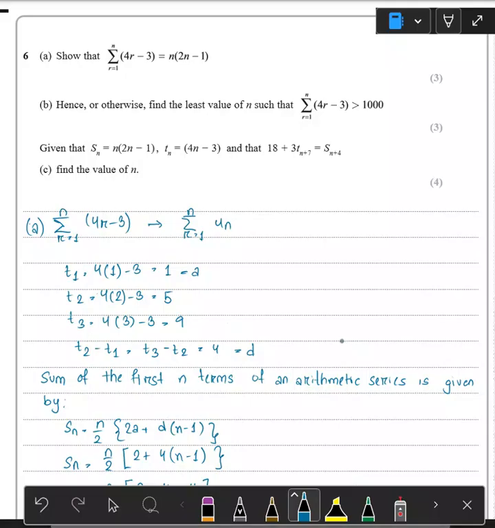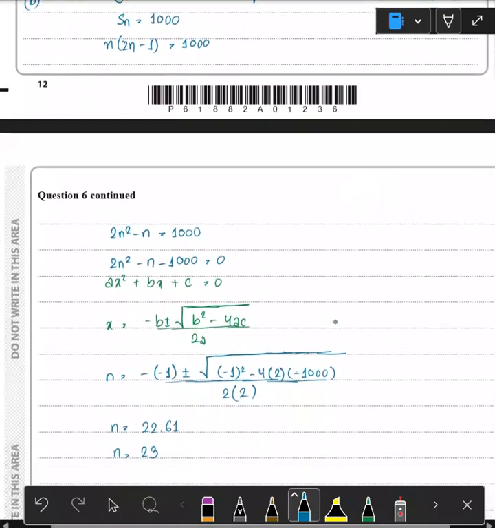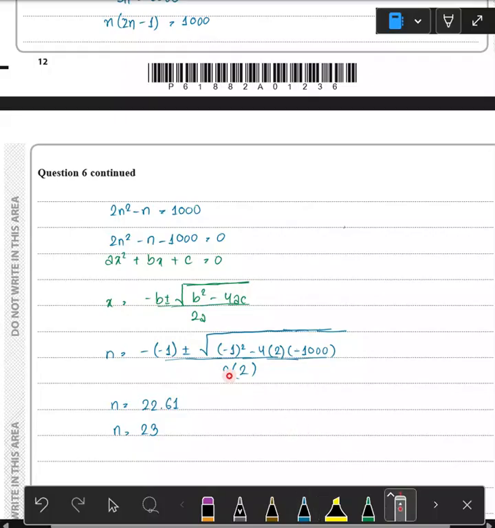And now, another thing: you will also get a negative value here. Obviously you will get a negative value because this is a quadratic formula, and n cannot be negative. You don't say the negative 7th term of a series, right?